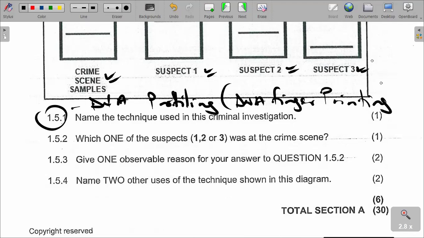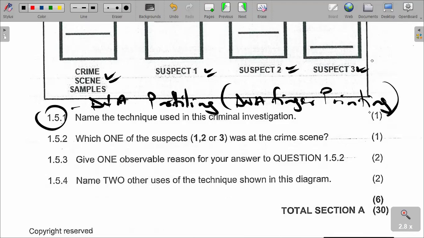DNA fingerprinting is the same as DNA profiling, which I want you to understand is sometimes called gel electrophoresis. It can also be termed like that.